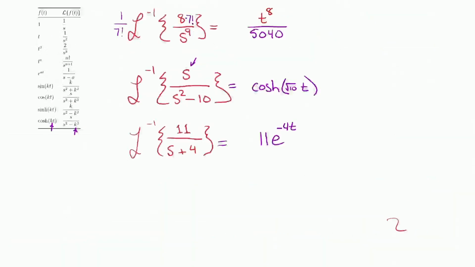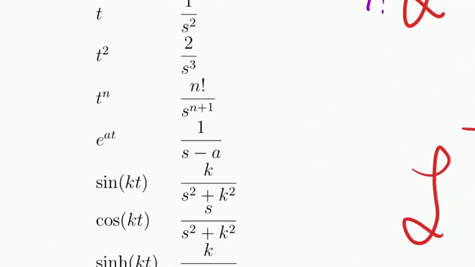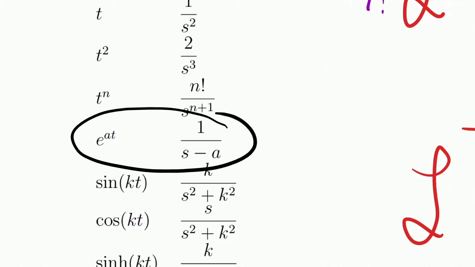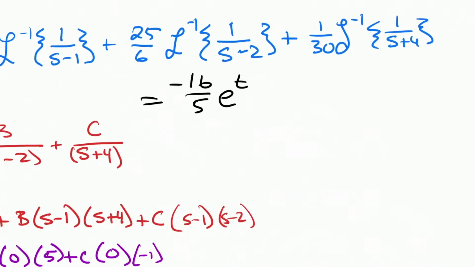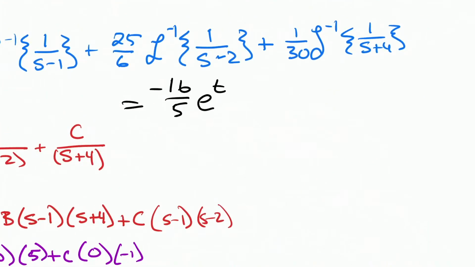There's the table. So 1 over S minus A is e to the at. So S minus 1, A is equal to 1, so that's e to the t. So we've got that. And then the next one is 25 over 6, e to the 2t. And then 1/30 e to the negative 4t.